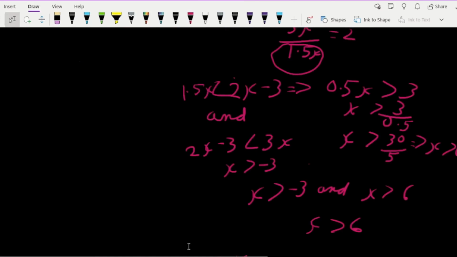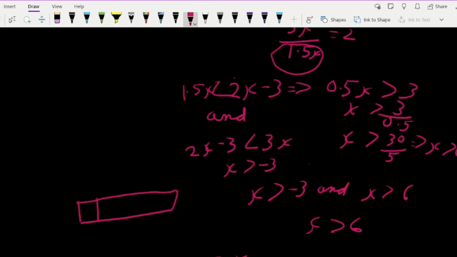So if we take the minimum value of ai plus 2 as x greater than 6, which is 7, so this is the minimum ai plus 2 value, right, which is a3.